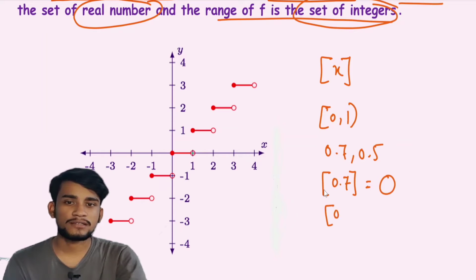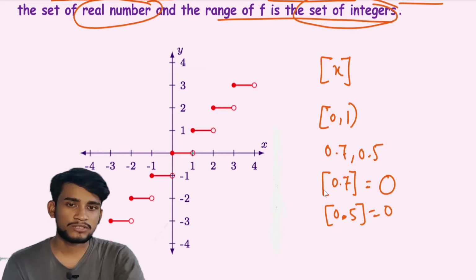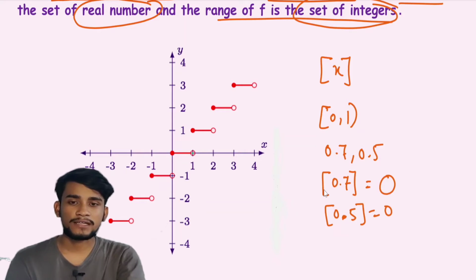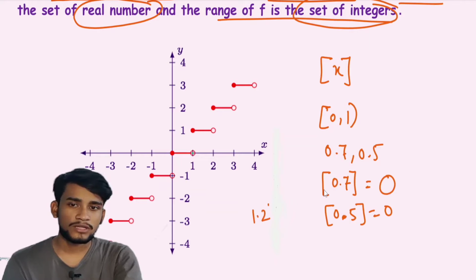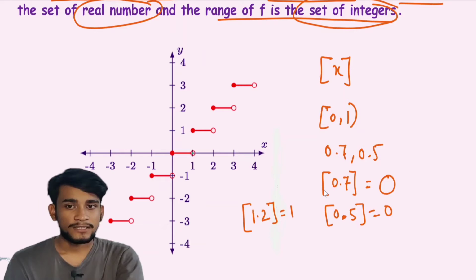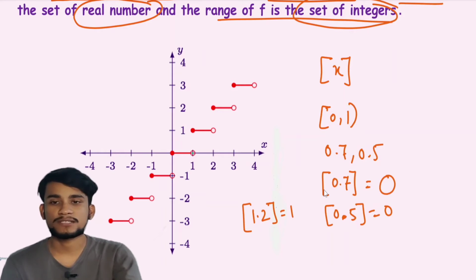Also 0.5 gives 0. If we take any number between 1 and 2, say 1.2, then box of 1.2 is equal to 1. That is the nearest and smallest integer.